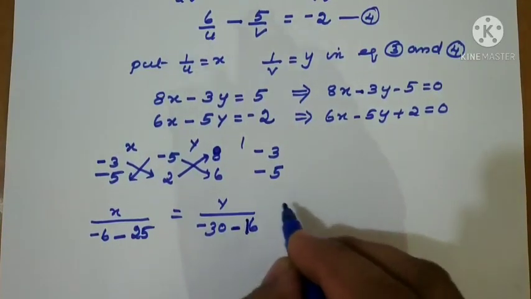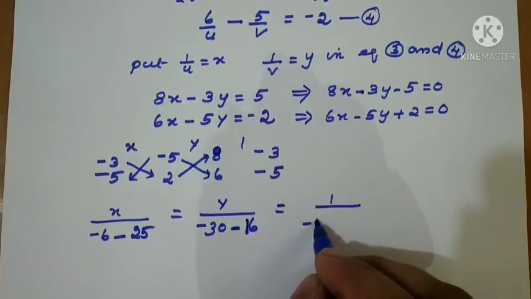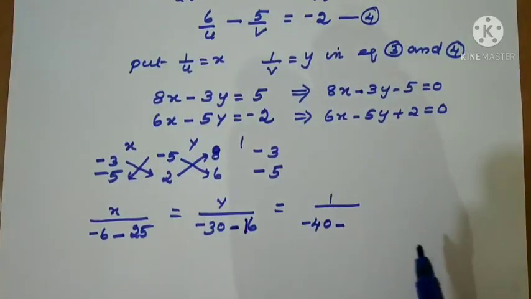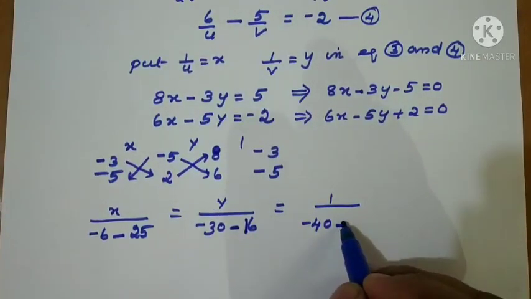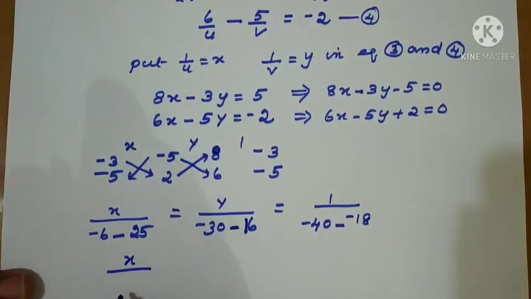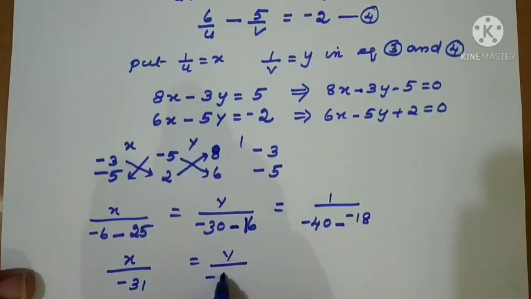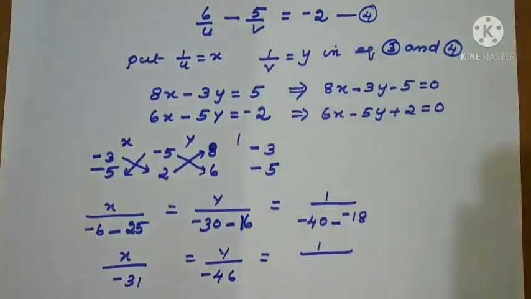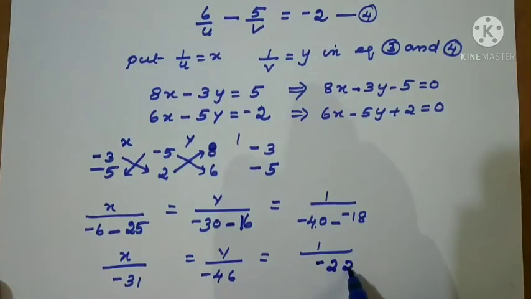Next 1 divided by, 8 into minus 5, minus 40, by the formula 1 minus, 6 into minus 3, minus 18. So what is the answer now? X divided by minus 31, y divided by minus 46, and 1 divided by minus 40 plus 18, that is minus 22.